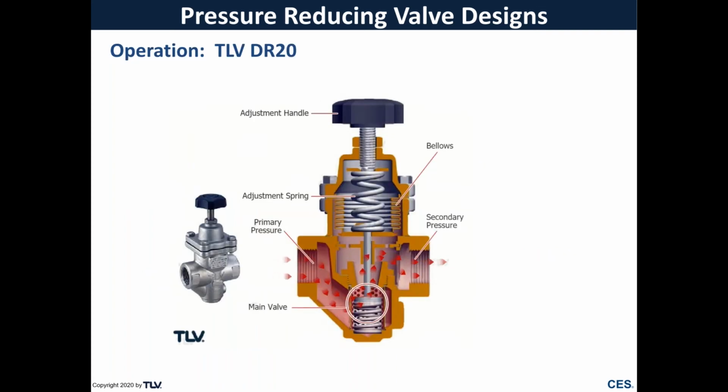This animation demonstrates the basic operation of the DR20 direct-acting PRV. In direct-acting pressure-reducing valves, the amount of valve opening is determined directly by the movement of the adjustment spring. If the spring is compressed, it creates an opening force on the valve which increases flow.